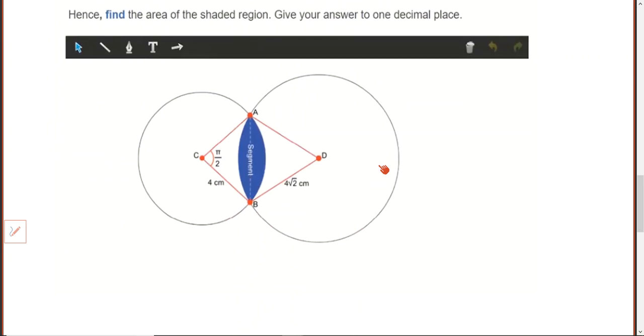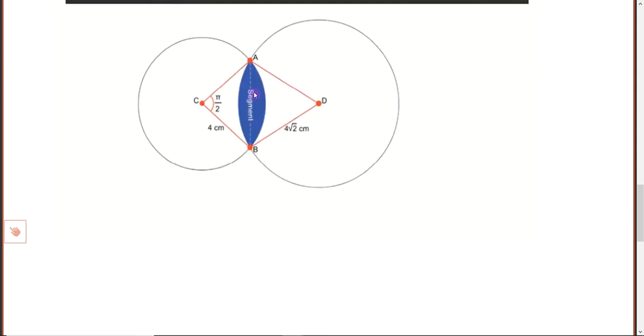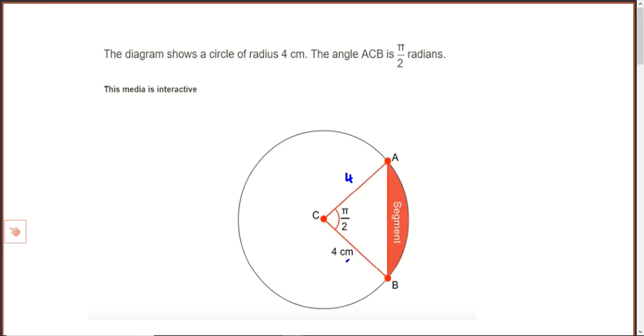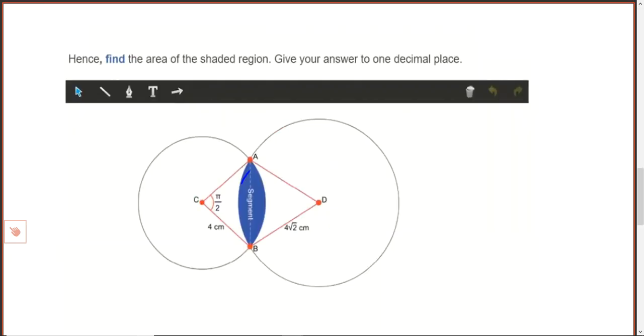Find the area of the shaded region. Well, you've already got this bit. You've already worked out half, not the side that I've just written, because it's that bit we've worked out.